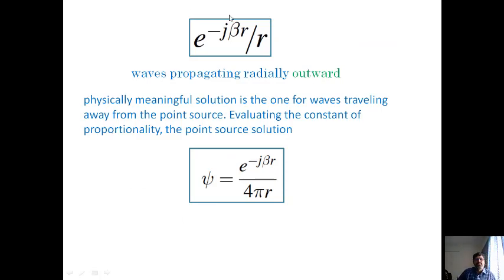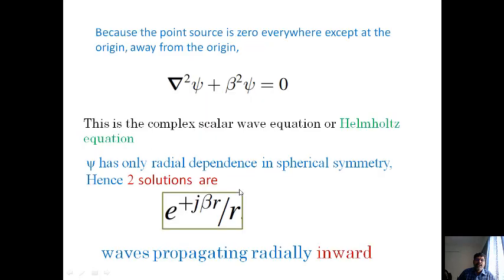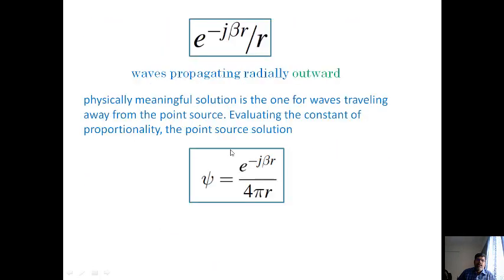Now the physically meaningful solution is e raised to minus j beta r by r. That's why we have taken this wave as a traveling wave. Then finally the solution for this equation, psi equals e raised to minus j beta r divided by 4 pi r.